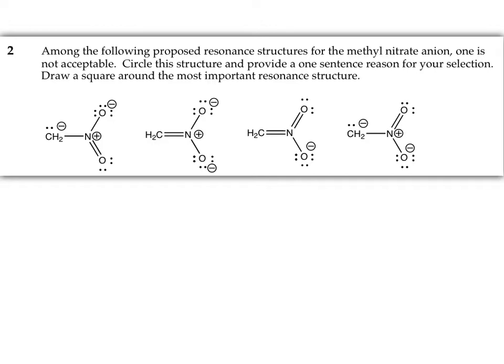So we'll also play around a little bit with pushing electrons here, even though it's not necessary in order to answer the question, but it'll help us think about these structures. And so we want to try to generate this resonance structure from this resonance structure, and I can do that by pushing electrons in this way.